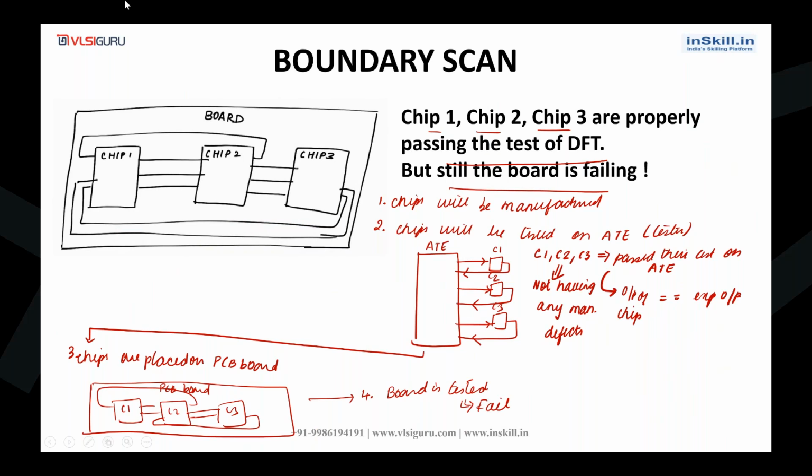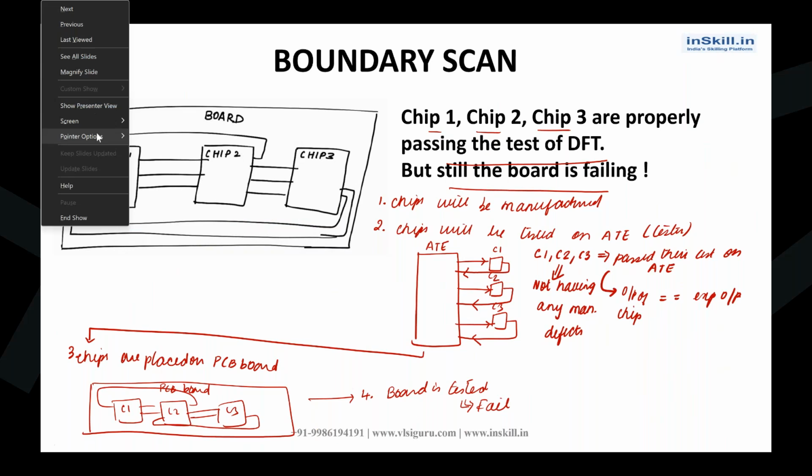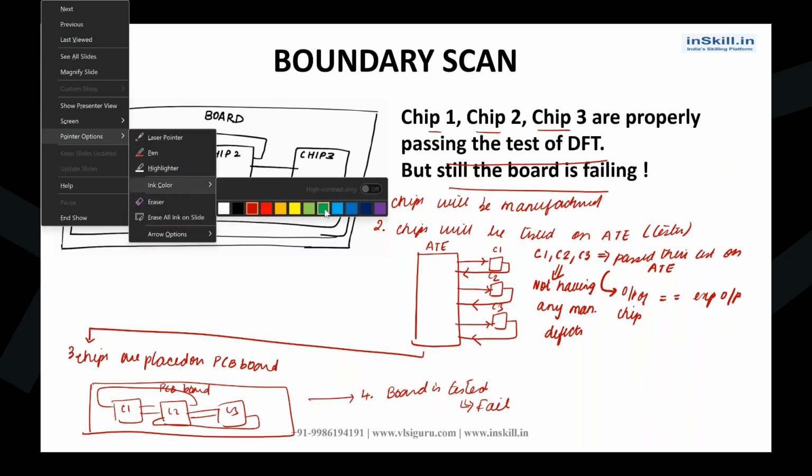Chip 1, chip 2, chip 3 are internally not having any manufacturing defects, because they have already passed their test on the ATE.